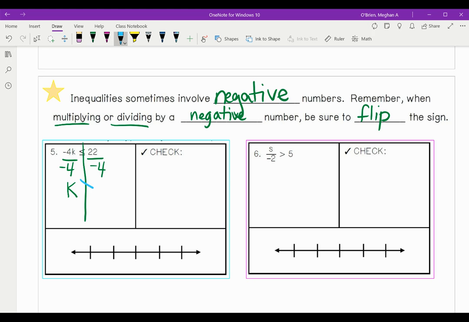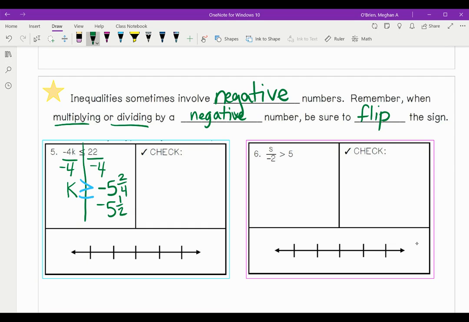So I'm going to right now go ahead and flip that sign around. And then 22 over -4, another name for that would be -5.5, because 4 goes into 22 5 full times with 2 left over, or I prefer half.